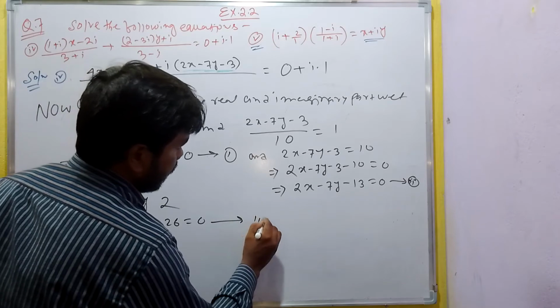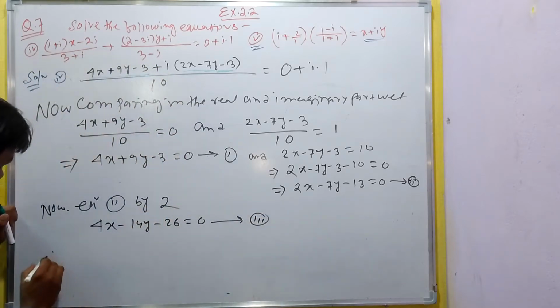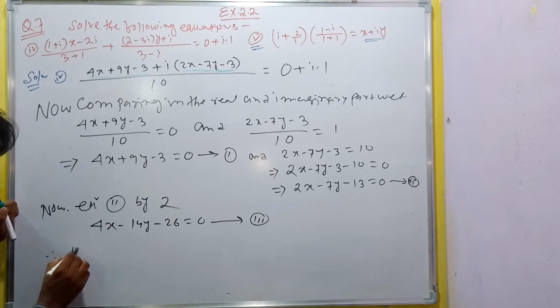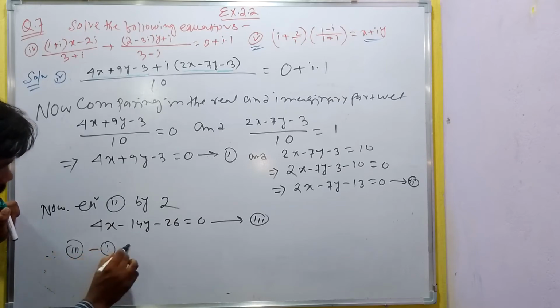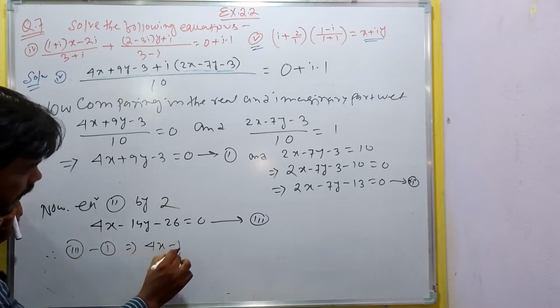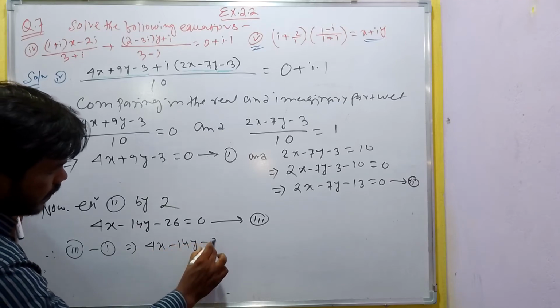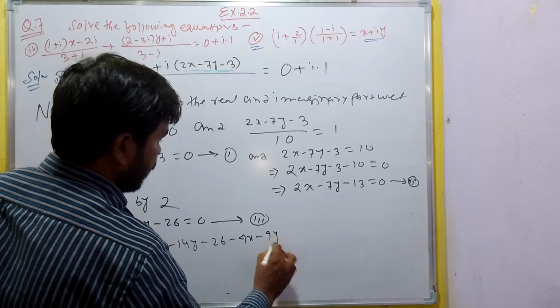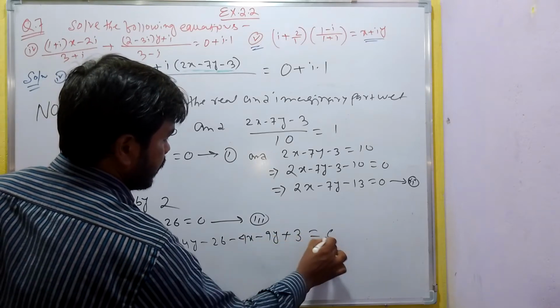This one is equation number 3. Therefore you have to subtract 3 minus 1. So 4x - 14y - 26 - 4x - 9y + 3 = 0.